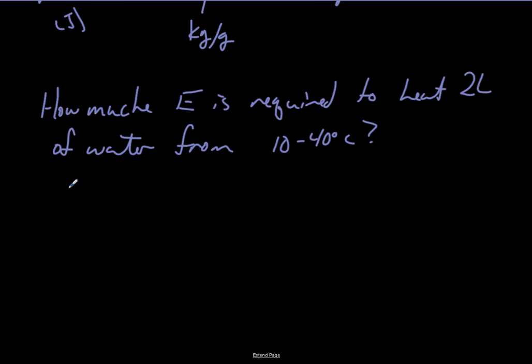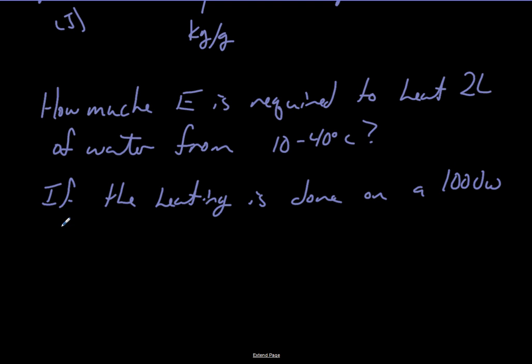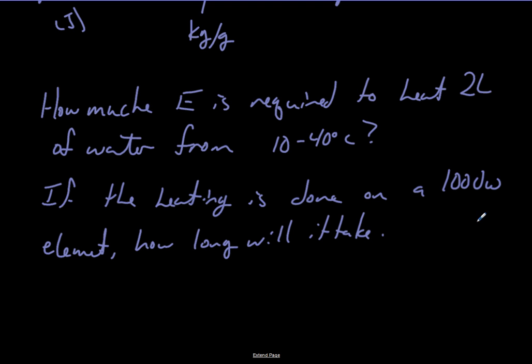And the second part is, if the heating is done on a 1000 watt element, how long will it take? I think your stove is probably more than 1000 watts, but we'll limit it to 1000 watts.